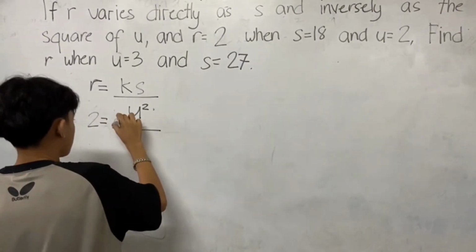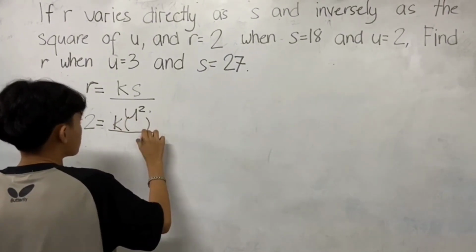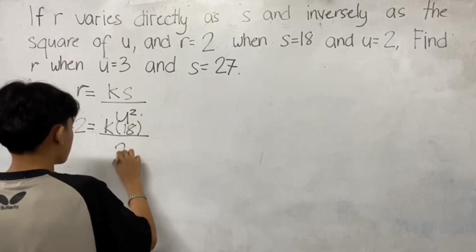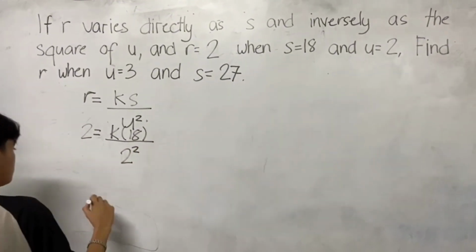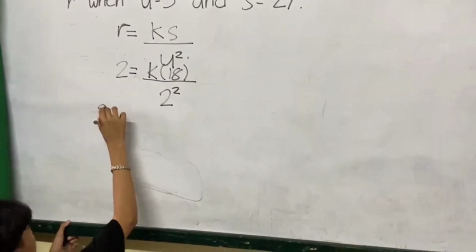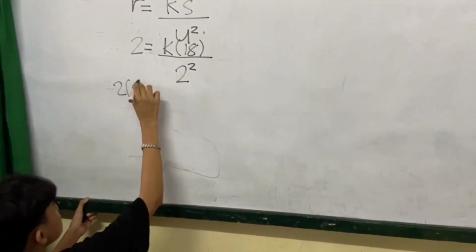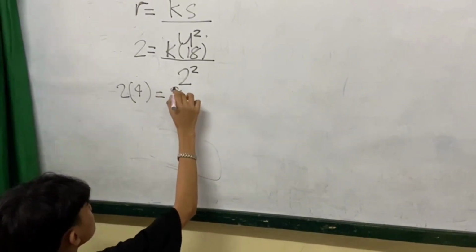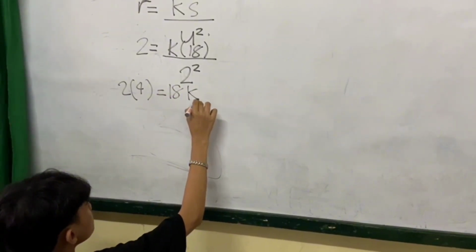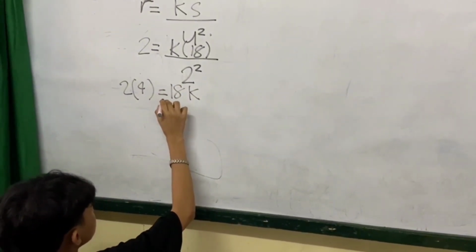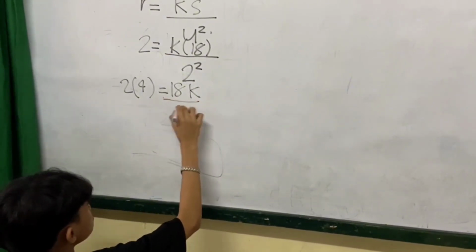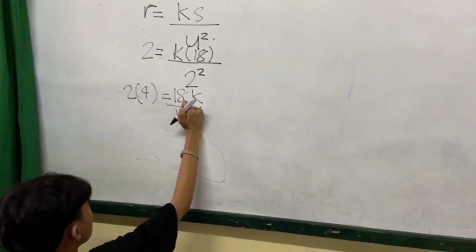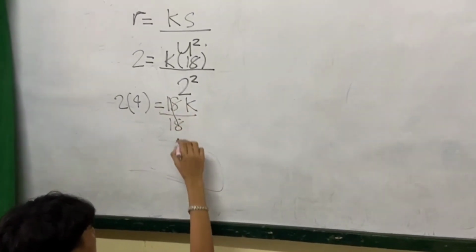Replace the R by its value: 2 is equal to K multiplied by 18, which is the value of our S, over 2 squared, the value of our U. So 2 times 4, because the square of 2 is equal to 4. So equals 18K. Let's divide both sides by 18, left and right. Bring down the K.